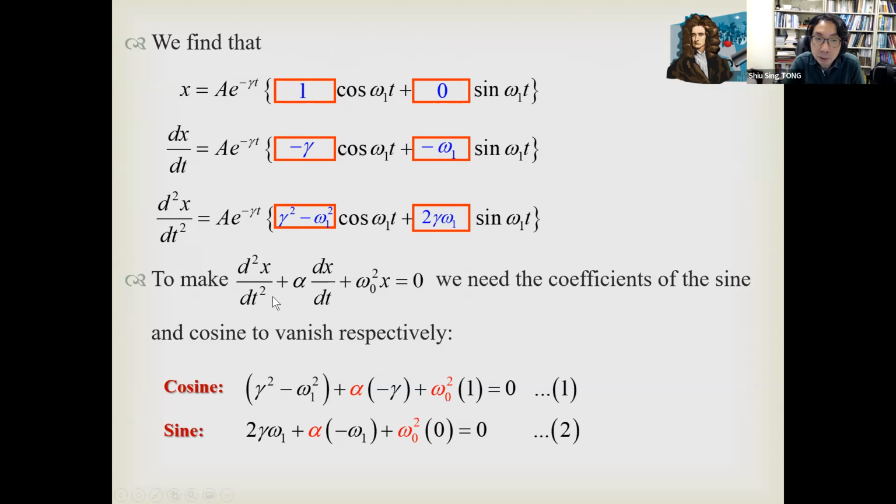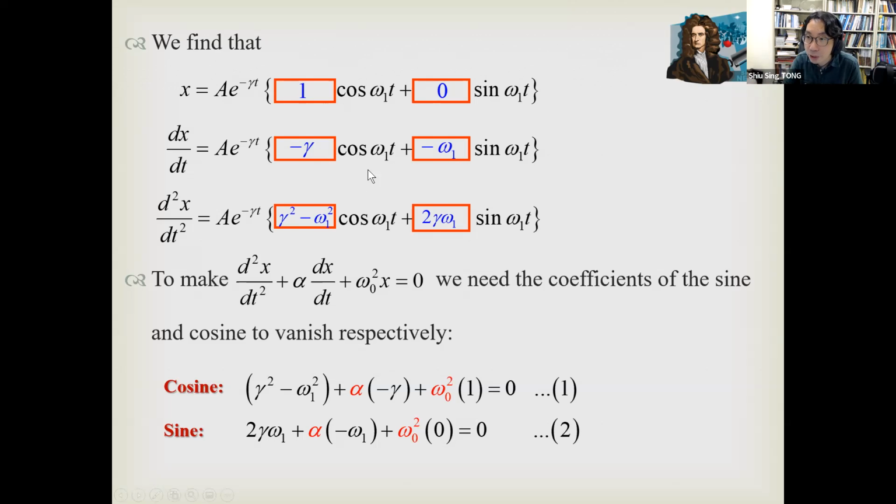So if I gather from this equation all the coefficients for the sine, they must be equal to 0. And if I gather all the coefficients for the cosine, they must also be equal to 0. That is the only way to make this equation satisfied for all time t. Otherwise, it cannot be satisfied for all time t, because the sine and the cosine are not 0 at any time, right?